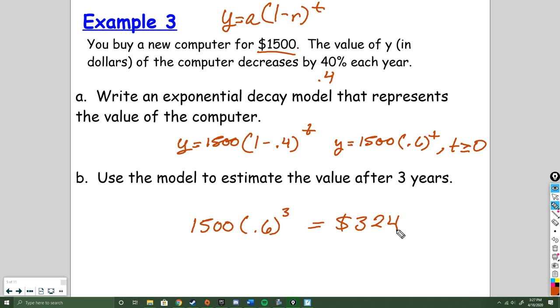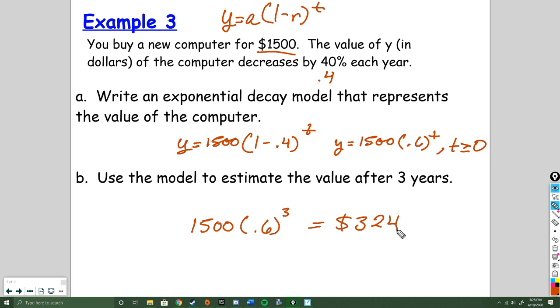So after 3 years, that computer, by these estimations, would have a value of $324. Obviously, a huge loss. Now, technology does decrease in value pretty significantly, but maybe not that significantly. 3 years, $324. Maybe you could get a little bit more out of it.